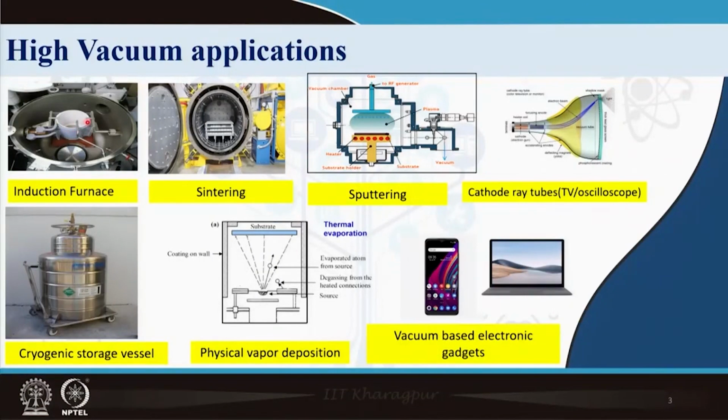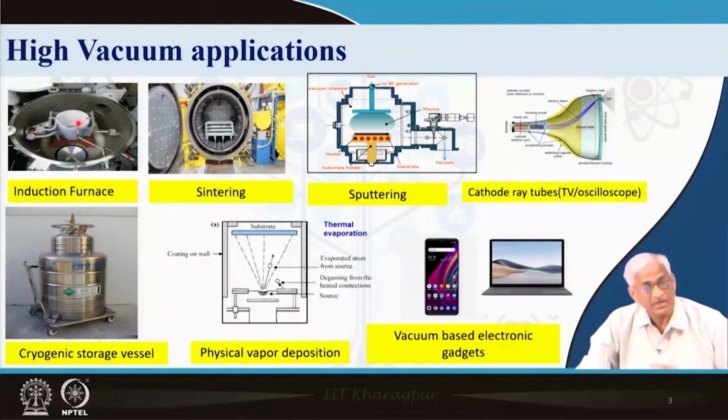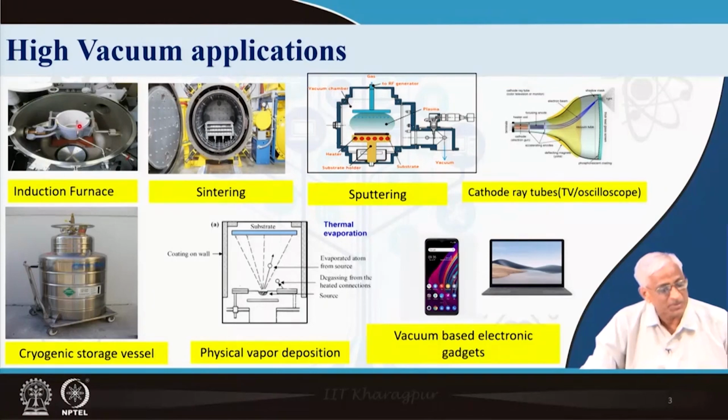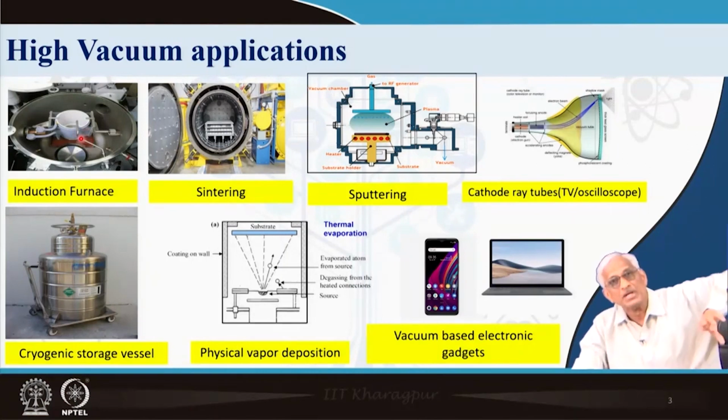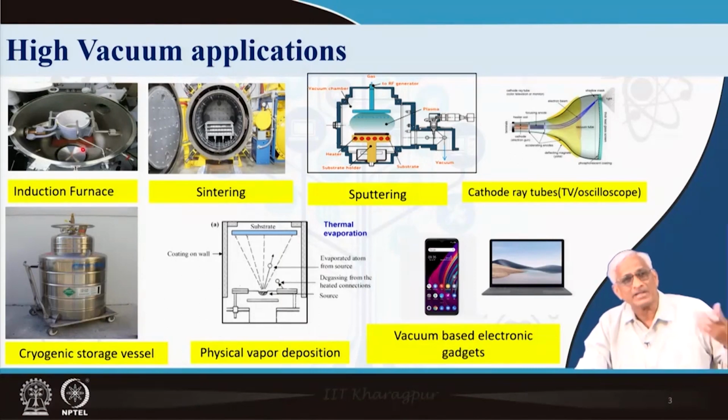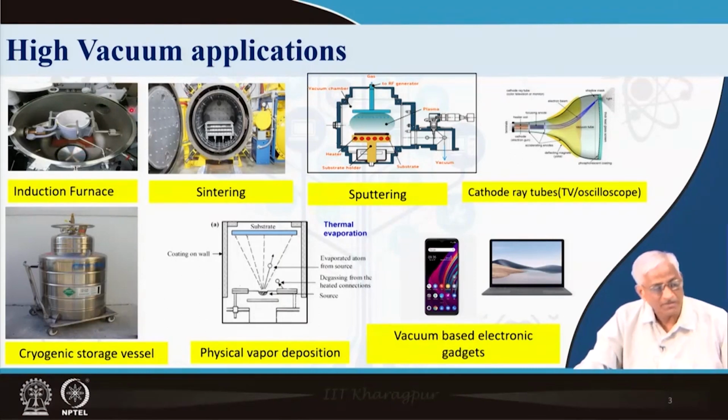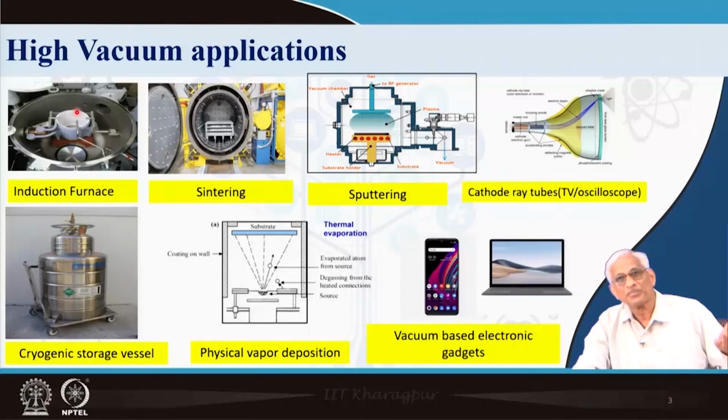There is a ceramic cup having all those materials which will be melted. There will be thermocouples to measure the temperatures. There will be alloy addition from the top, and the entire thing is evacuated, and the entire cup can be tilted and then poured into a casting. Like that, several procedures can be done within the vacuum conditions.